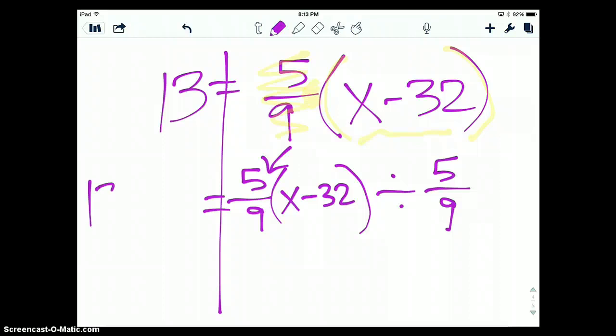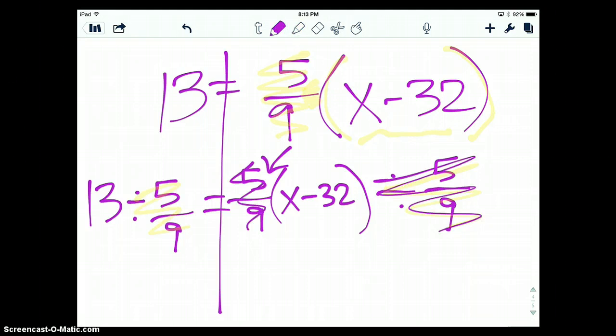And then I'm going to do the same thing with 13. I'm going to scoot it over, and I'm going to take 13 divided by that same thing, 5/9. So I divided on both sides. And now this will cancel with that because we have inverse operations, and I'll just be left with x minus 32.